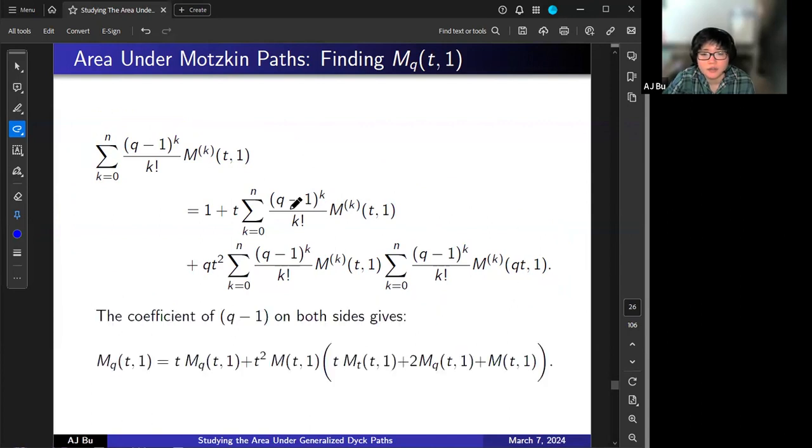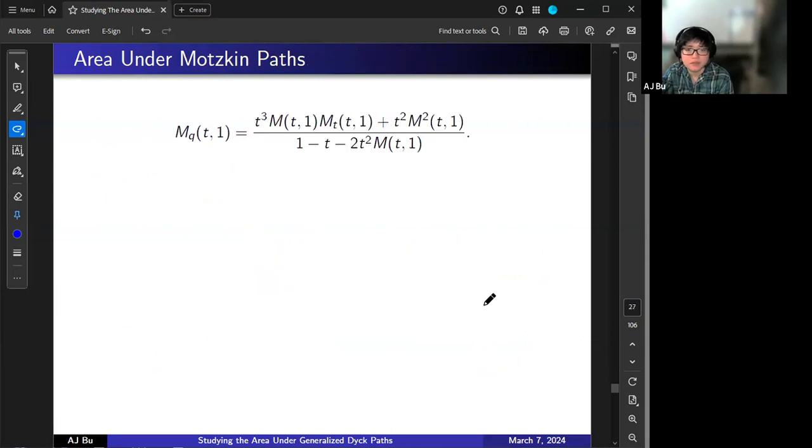And then if we look at the coefficient of Q minus 1 on both sides, what we're going to get is that M sub Q of T1 is equal to T M sub Q of T1 plus T squared times M of T1 times T M sub T of T1 plus 2 M sub Q of T1 plus M T1, M of T1. And then from here, we're going to isolate that M sub Q because that's what we want to solve for, right? And we're going to end up with this fraction.